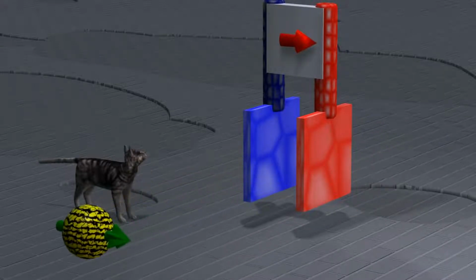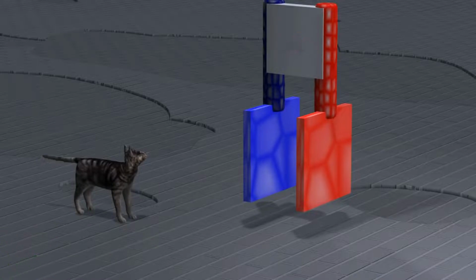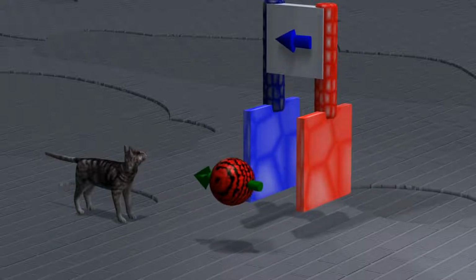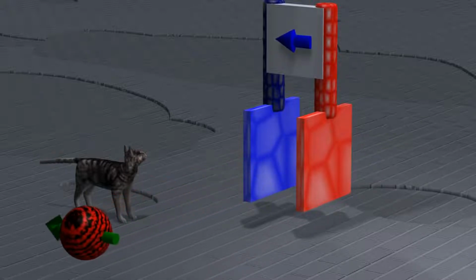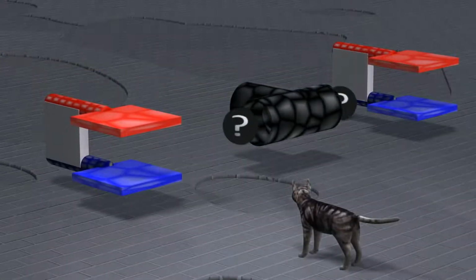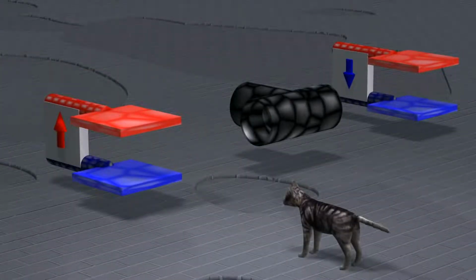But why does this mean that the universe does not know what an object is doing until we observe it? The answer lies in the fact that we can produce pairs of particles that always spin in opposite directions.